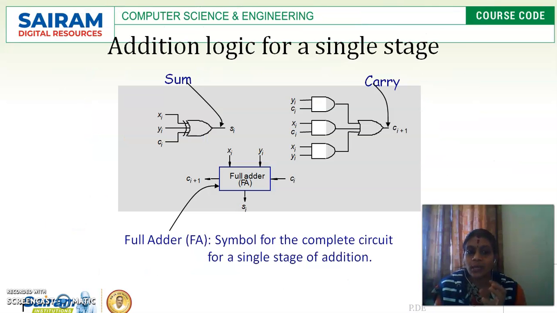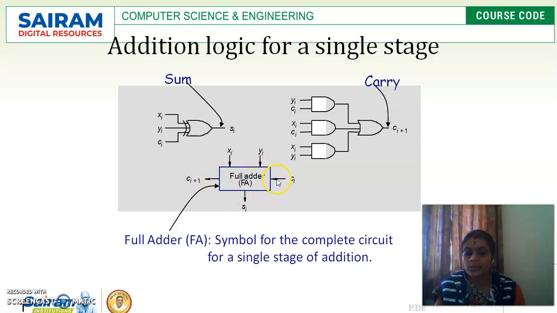Now, what is the logic for the single stage of the addition, right? So here, if we are adding x with y, initially we will give the carry as 0, right? So x, y and c, if we are adding initially, we will get the sum. Correct. And by using this logic, we are going to get one full adder circuit.